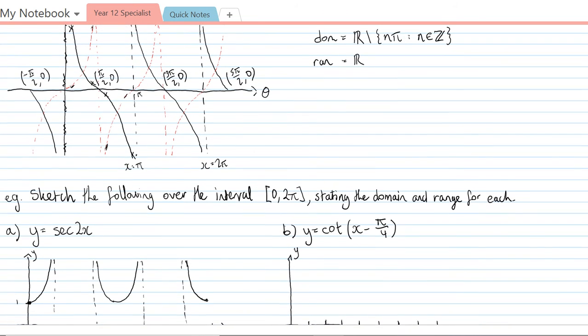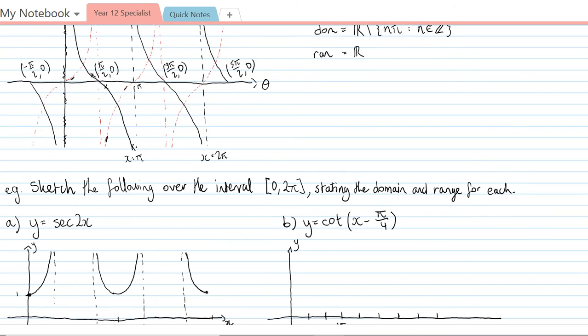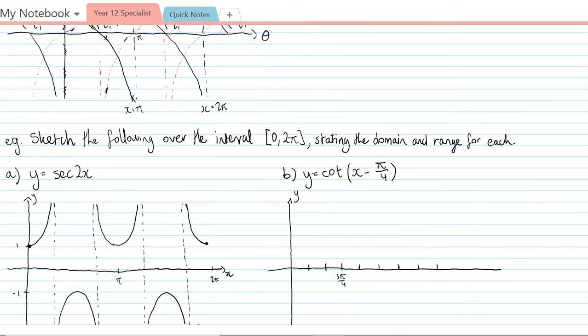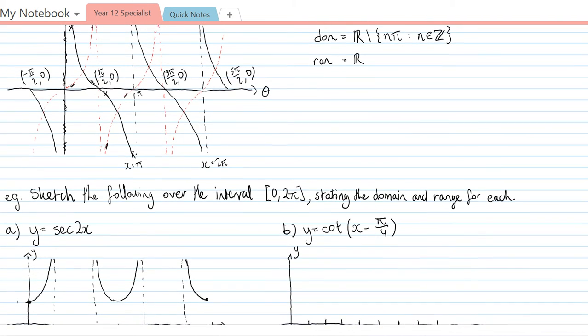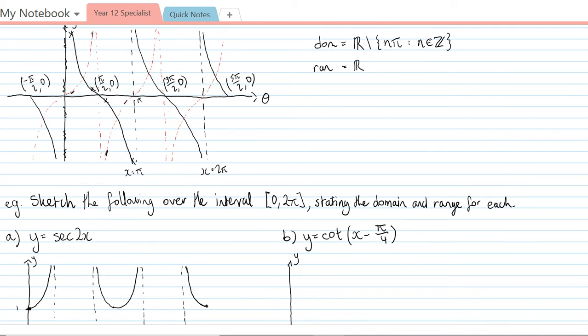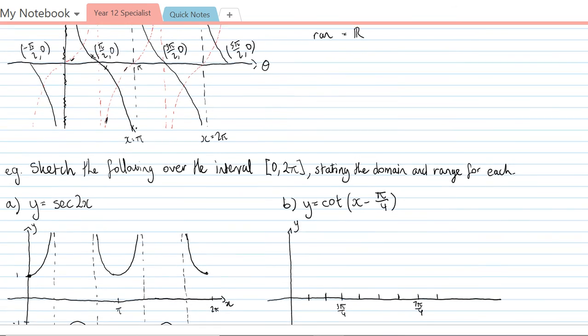So we had pi on 2, which has now become 3 pi on 4, and 3 pi on 2, which is now 7 pi on 4. So those are our 2 intercepts. And the asymptotes are also translated pi on 4 to the right. So those asymptotes were at 0, pi and 2 pi.